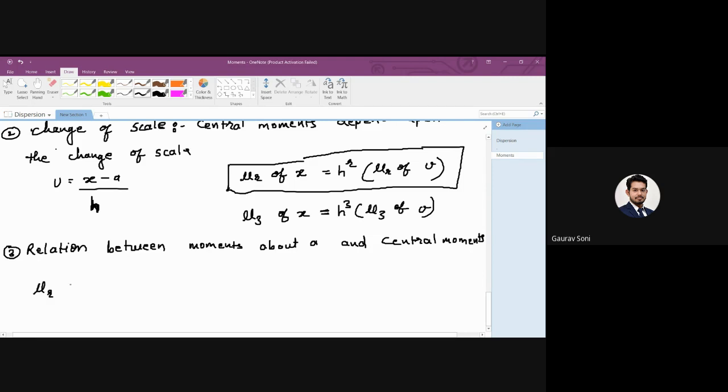So mu r is equal to mu r of A minus rC1 mu r minus 1 of A into mu 1 of A, plus rC2 mu r minus 2 of A into mu 1 of A square.